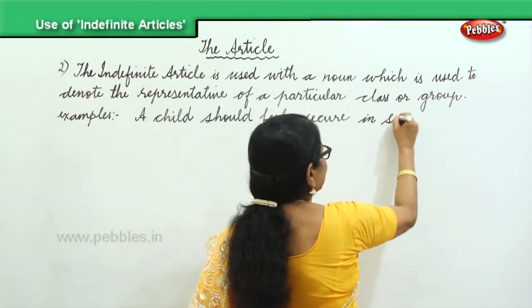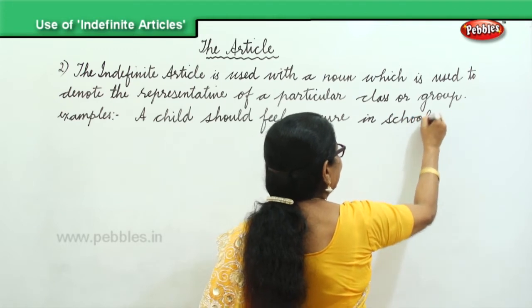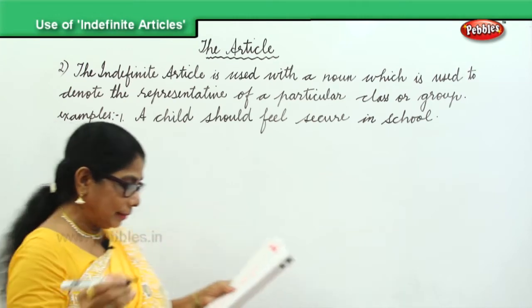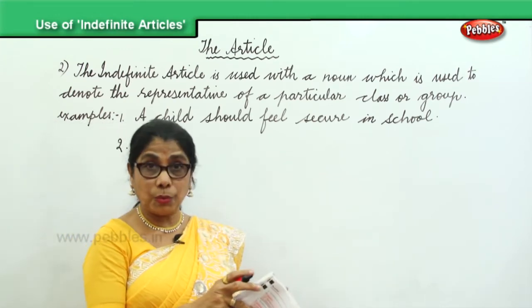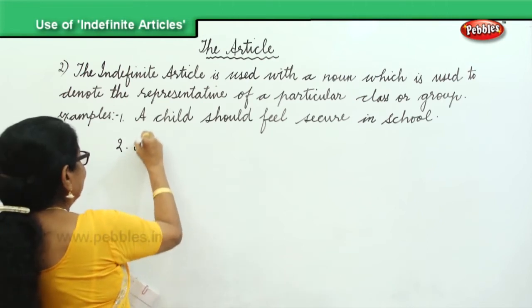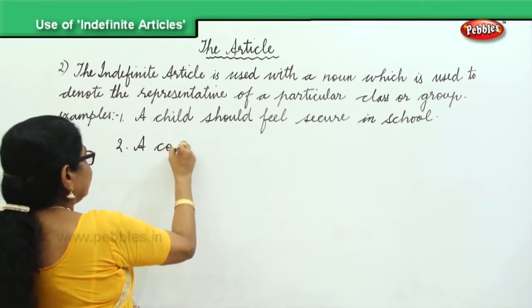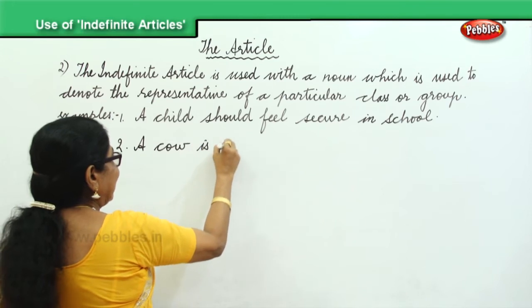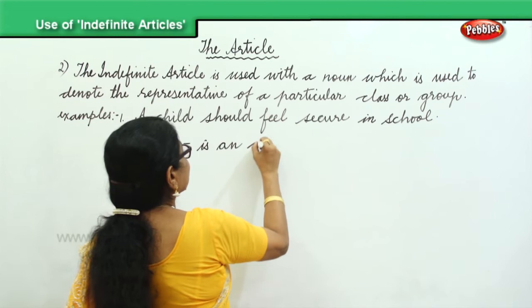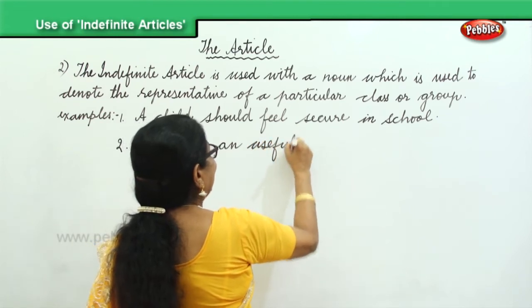And the second one is a cow is a useful animal.